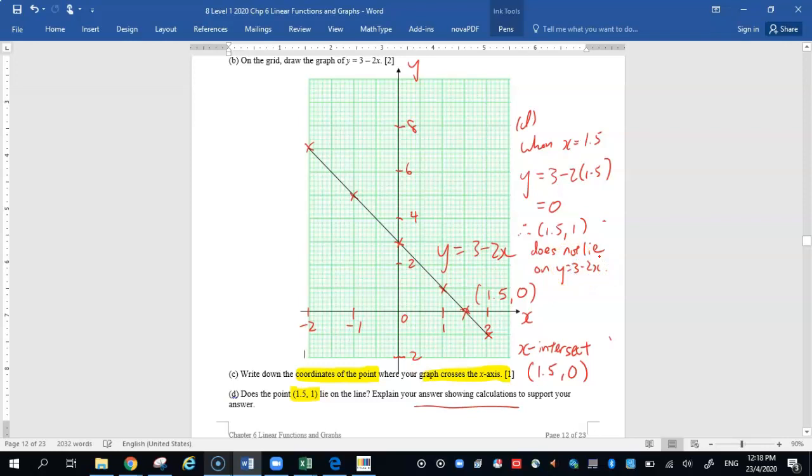Graphically, it is even more obvious that (1.5, 1) is over here, and surely it does not lie on the line y equals 3 minus 2x.